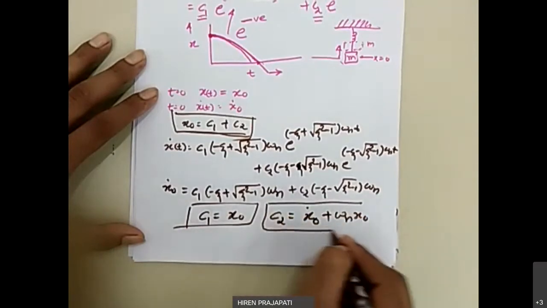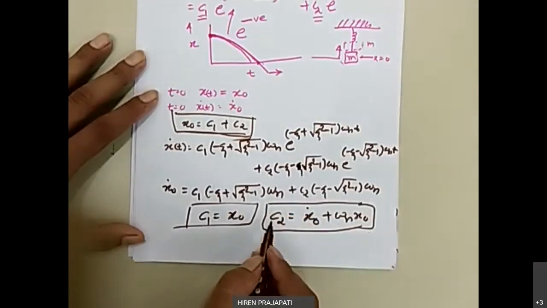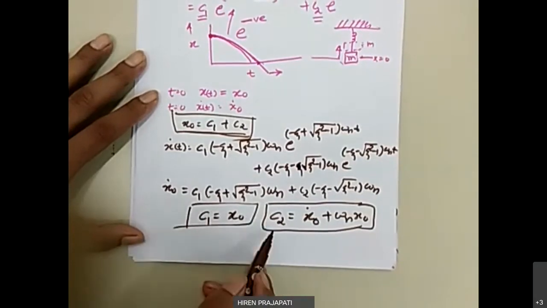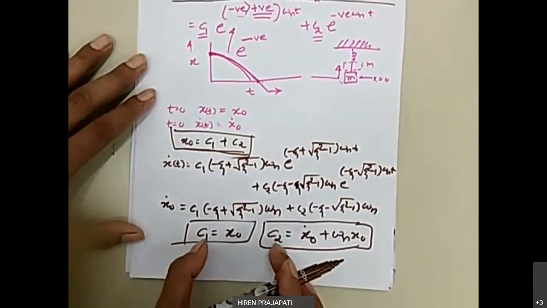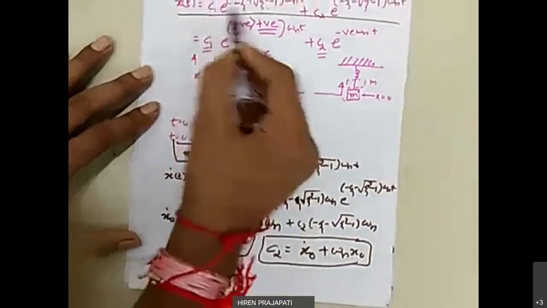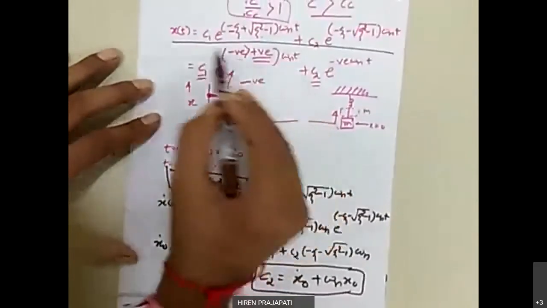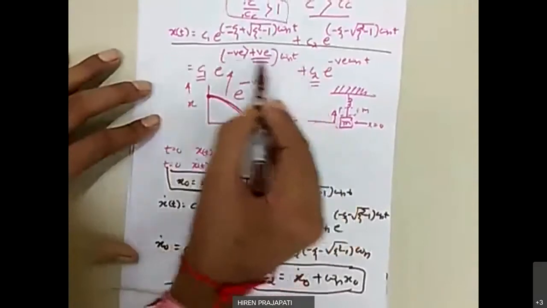You'll find this, right? So we got c1 and c2. Now I simply need to put this c1 and c2 in this equation, and then we get our final equation back, right?